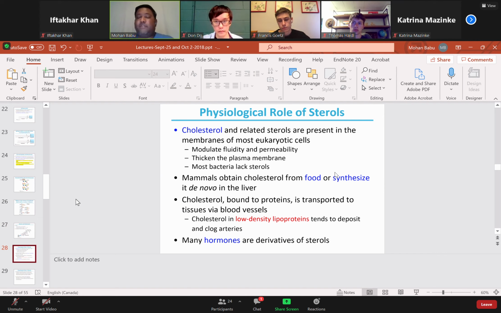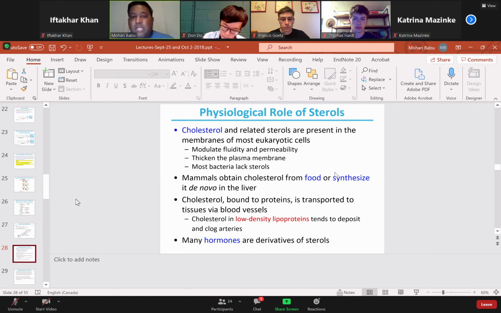We talked about it before. They have hopanoids. So bacteria do not have sterols; they have hopanoids instead of sterols.